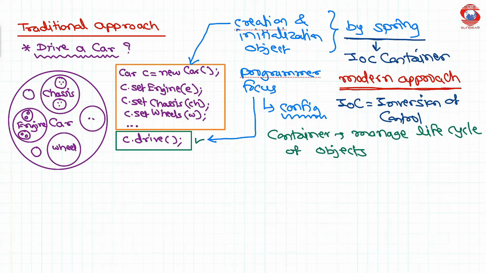So when you come across some ready-made program or part of a program or framework which is responsible for creating the objects, destroying the objects, managing the object life cycle stepwise, that particular part people refer to as a container. So Spring is a container which is managing the life cycle of the objects.